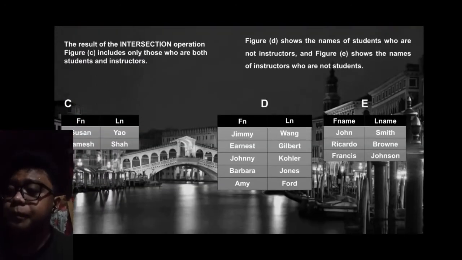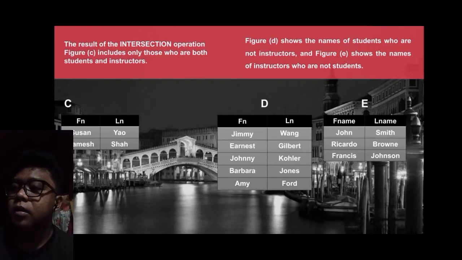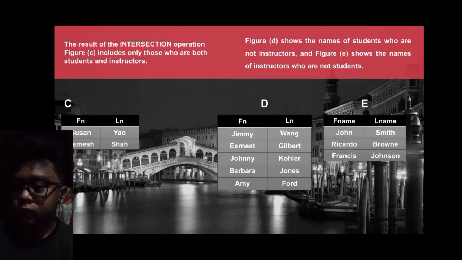The next one is the result of the intersection operation, figure C, which includes only those who are both student and instructor.